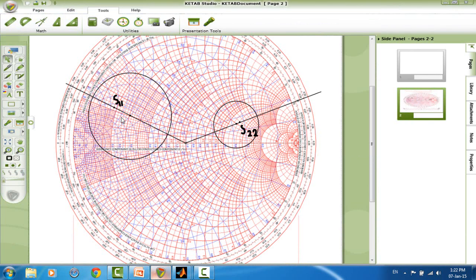Okay, now we have to find a path between these two circles.